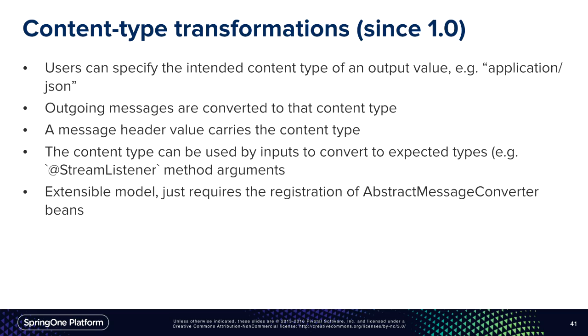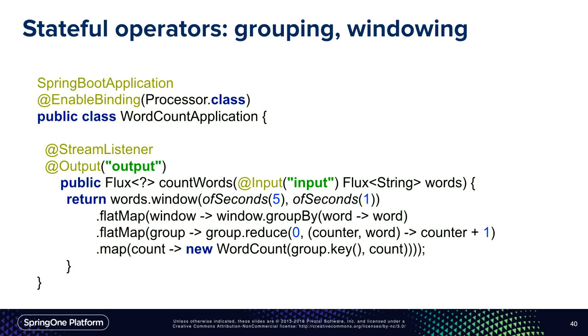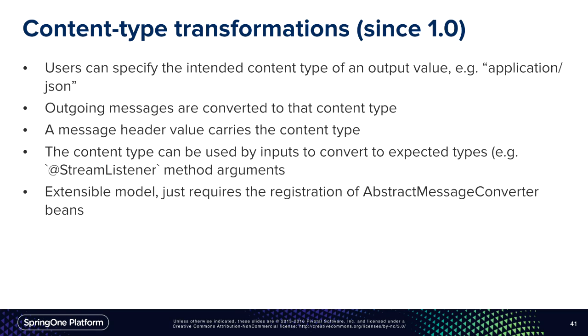But I just wanted to give you a little bit of insight into it to understand what's coming next. Basically, once I get a message with a content type, if I want to apply, for example, a stream listener method, I can pick up the converter that can convert that MIME type and have it apply that conversion towards that expected type.